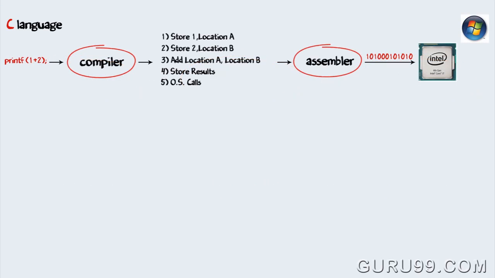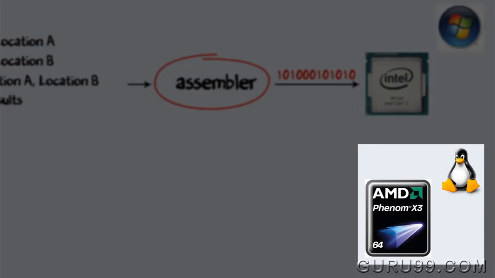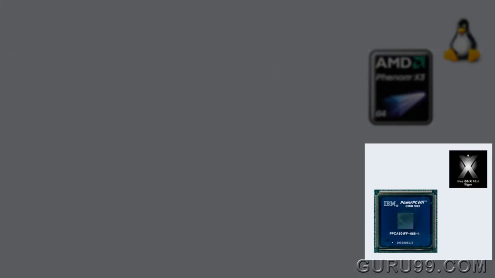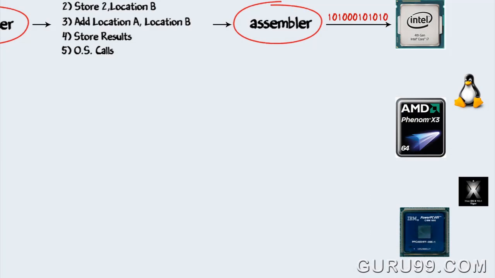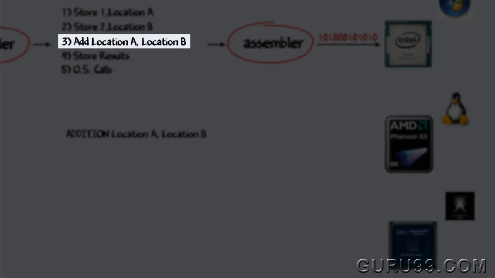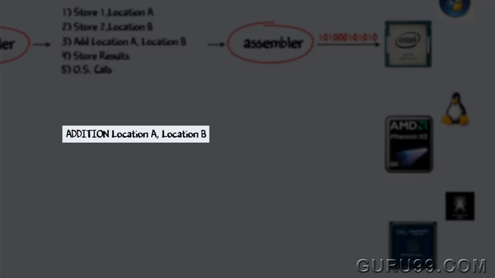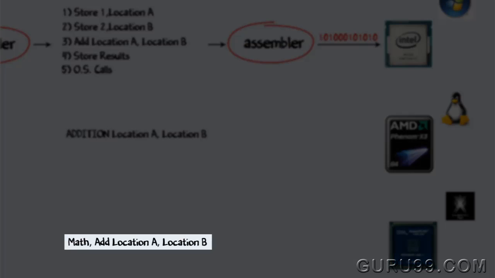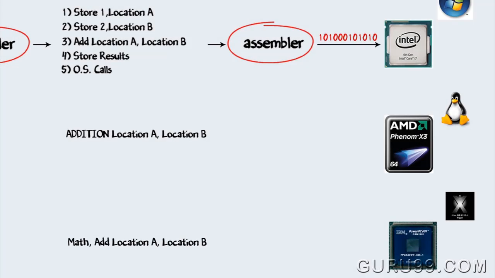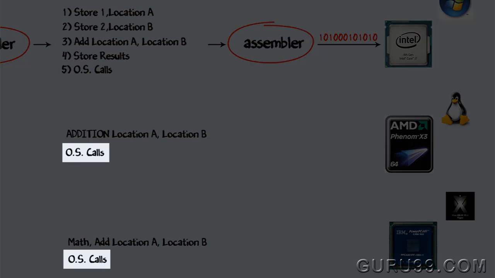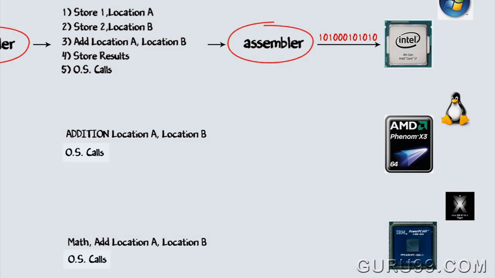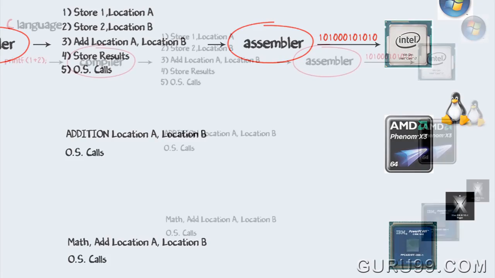The other popular platforms are AMD and Linux, PowerPC, and Mac OS X. Now, with change in processors, the assembly instructions will change. For example, the add instruction in Intel may be called addition for AMD or math add for PowerPC. And obviously, with change in operating system, the level and nature of OS level calls will also change.